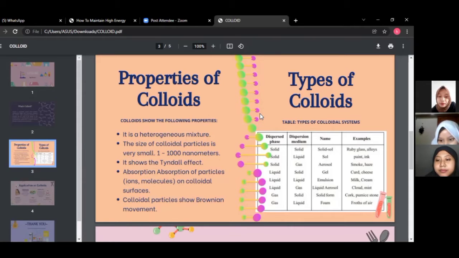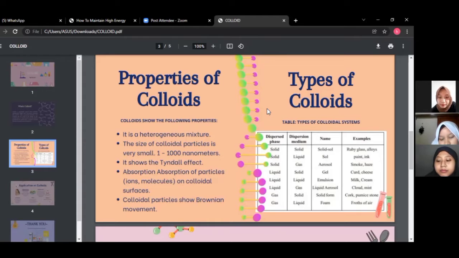For dispersed phase solid and dispersion medium solid, the name is solid sol. For example, ruby glass and alloys. For dispersed phase solid and dispersion medium liquid, the name is sol, examples are paint and ink, etc. You can see here in the table.